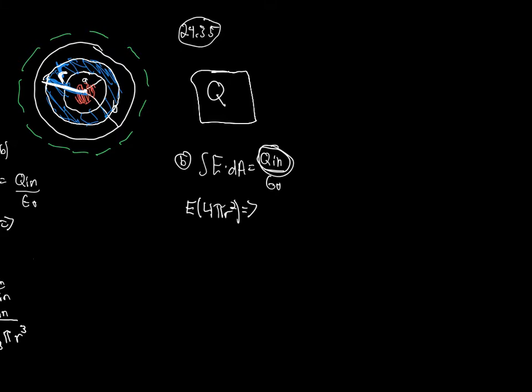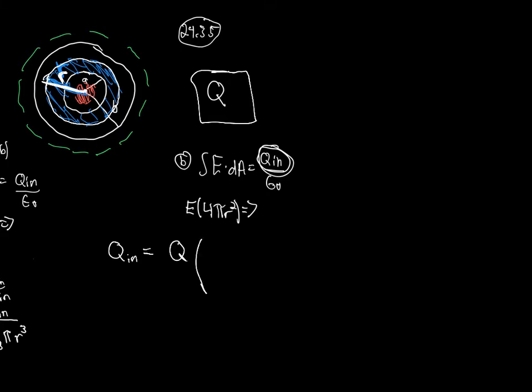I have to take a ratio of that charge. I have to scale that charge down to get just the charge that's included inside of my actual surface. So I have to take Q in. It's going to be equal to the total charge, which I was given, but then I have to scale it by the amount of volume that I'm taking up, divided by the total volume.